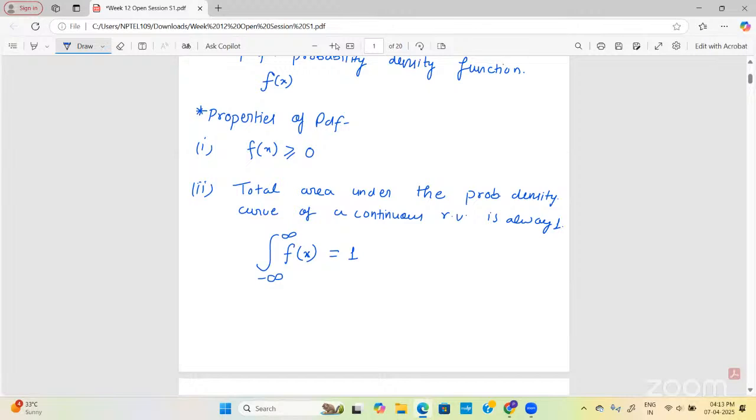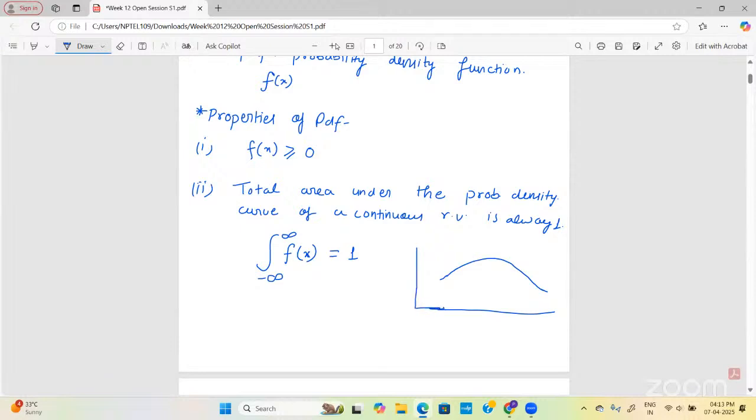What is this area under the curve? This function is the probability density function. If you want to make a graph, it is a curve. It can be any curve, but generally I am making it like this. Suppose this is our x-axis and y-axis, and this is the curve.